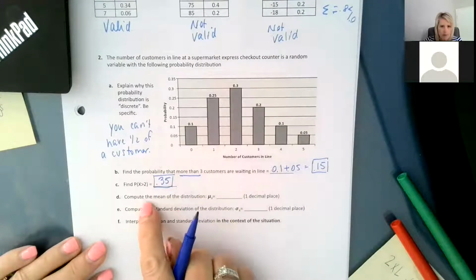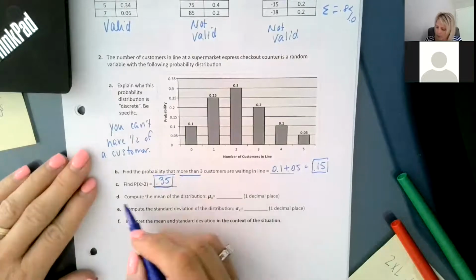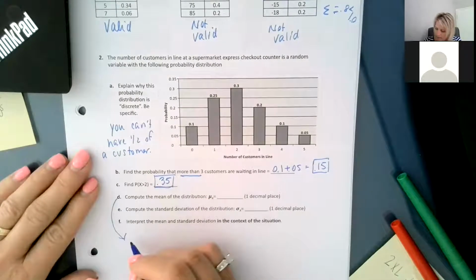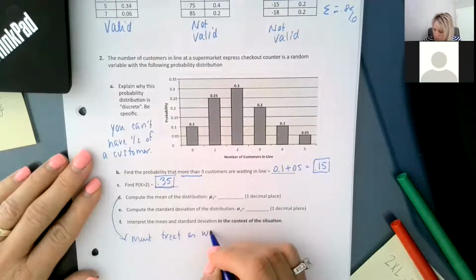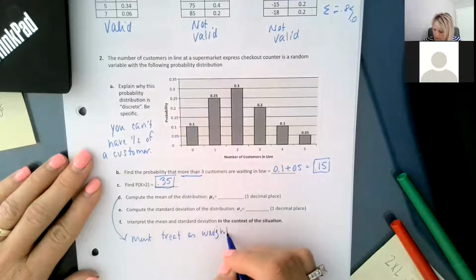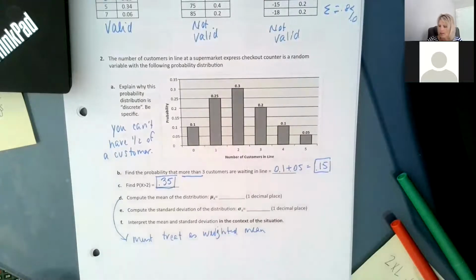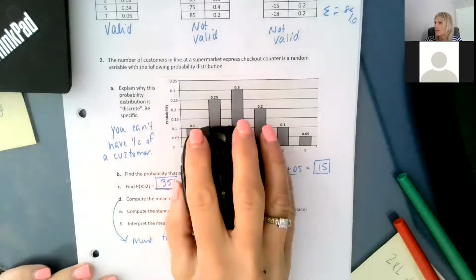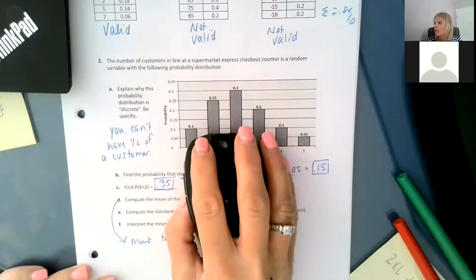The next one says, compute the mean of the distribution. Okay, so we have to treat this as a weighted mean. Now I might have this in StatCrunch already, but I'm not sure.